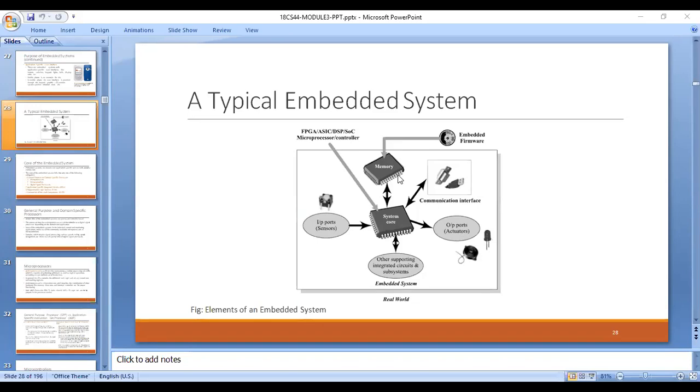The system core is also connected to memory, which is used to load and store values, basically to hold the values temporarily. Other integrated circuits are also connected to the system core, right?